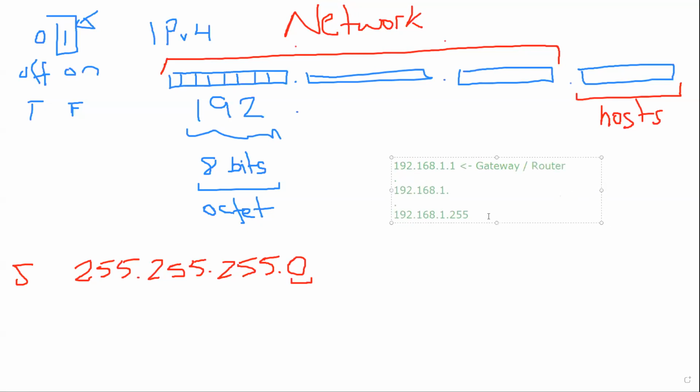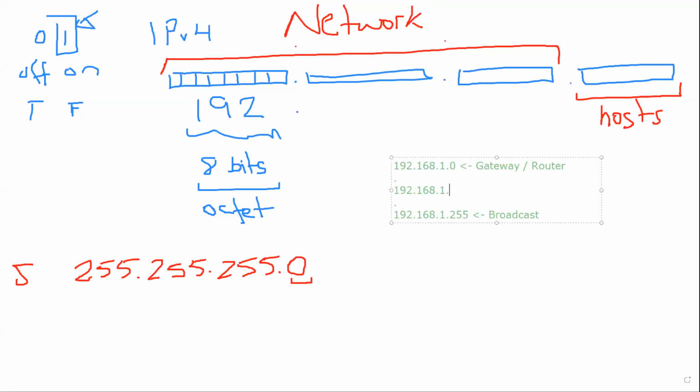And what's this other one then? This will be the broadcast. It's important for you to remember the broadcast is just used to communicate with the rest of the network. We don't necessarily care about it right now.